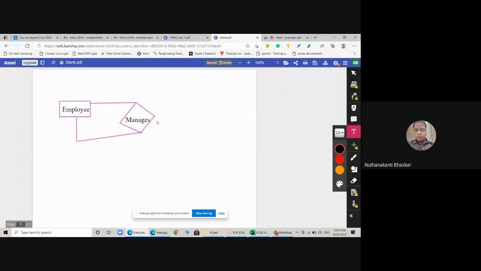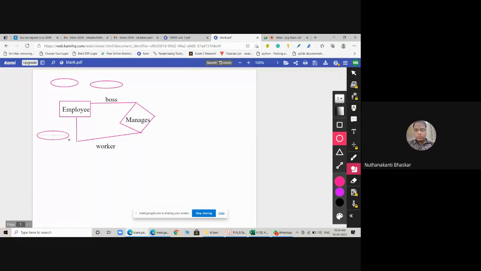The employee manages an employee. That employee may be the boss or that employee may be the worker. In this way, we have only one entity involved. Based on that one entity, the relationship will be generated.